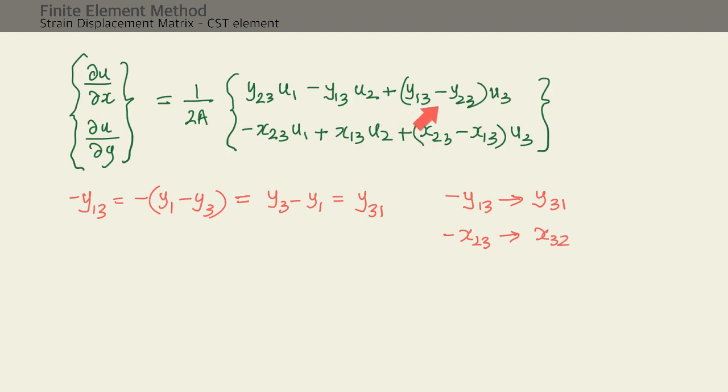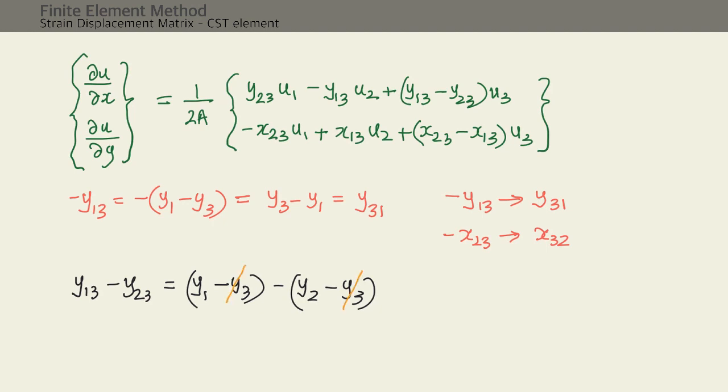Now let us take this term inside the bracket and expand and see what it is. y13 minus y23 is equal to (y1 minus y3) minus (y2 minus y3). So here you have got a minus y3 and minus y3 here. So what remains is y1 minus y2, or this is simply y12.